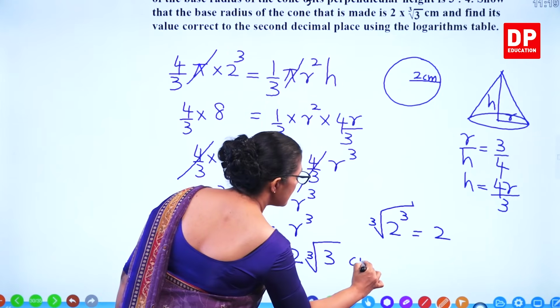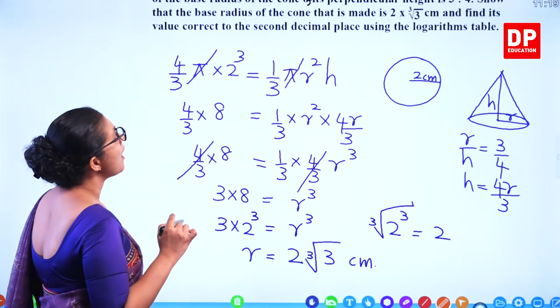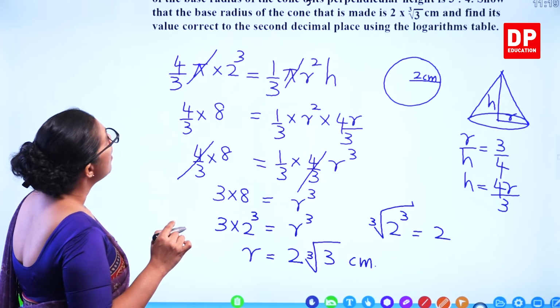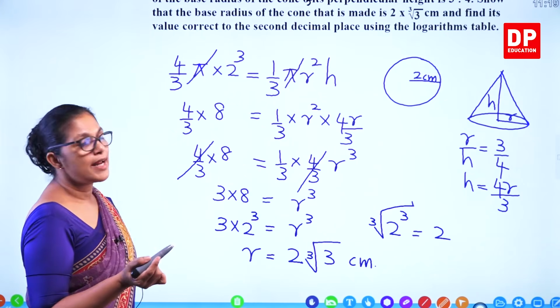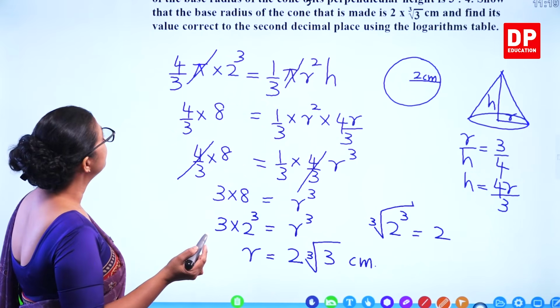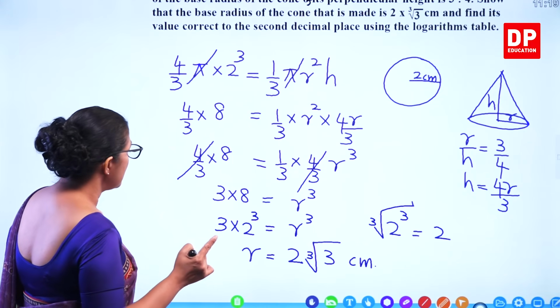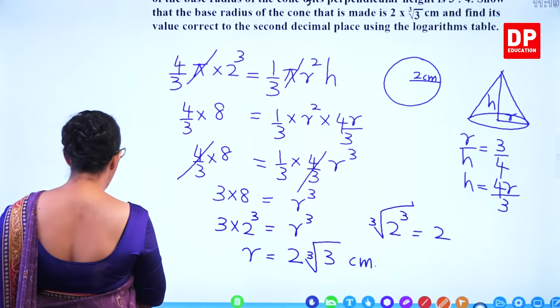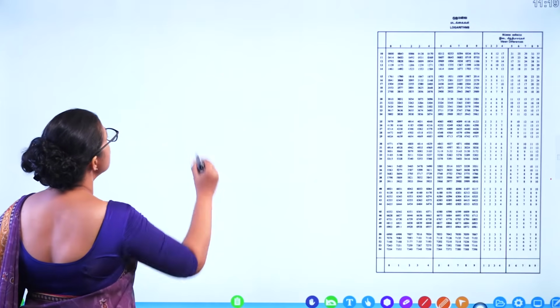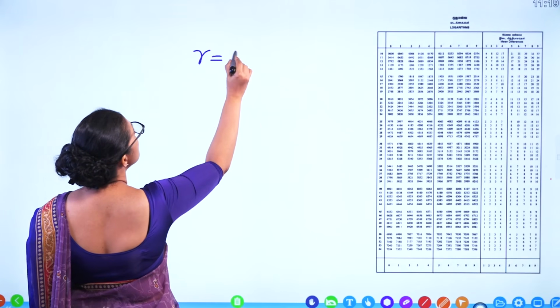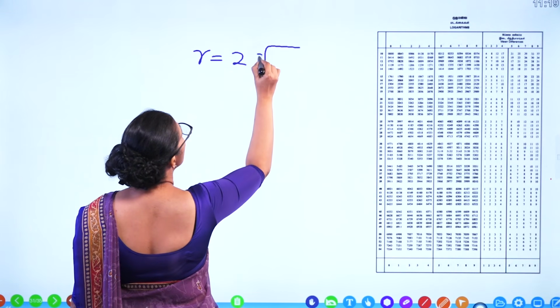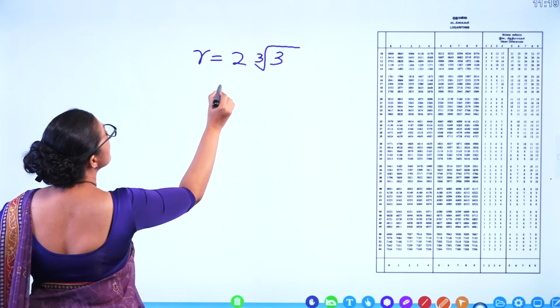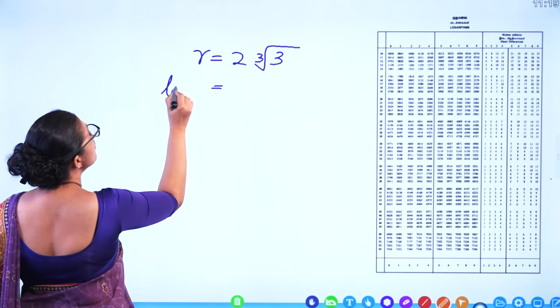This is in centimeters. Now we can use logarithmic tables to find the R value. So what's the formula? 2 times cube root 3. So we'll take that: R equals 2 times cube root of 3. So take log on both sides.